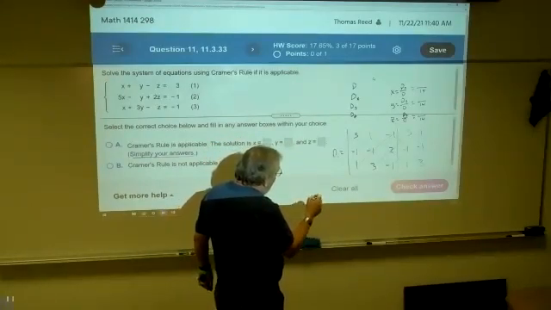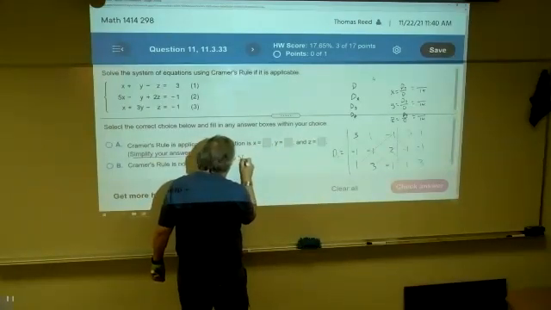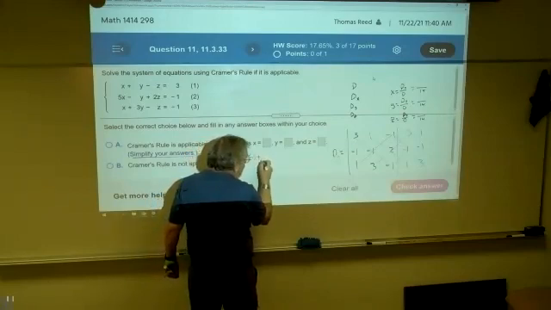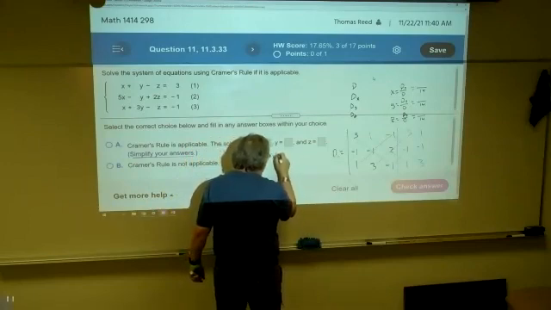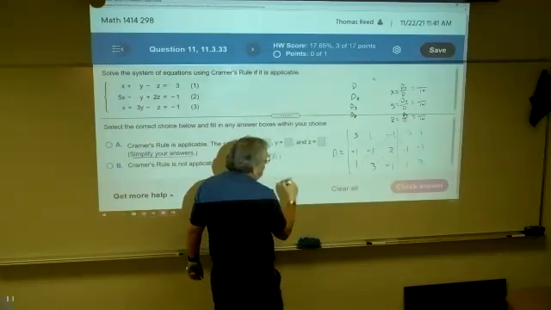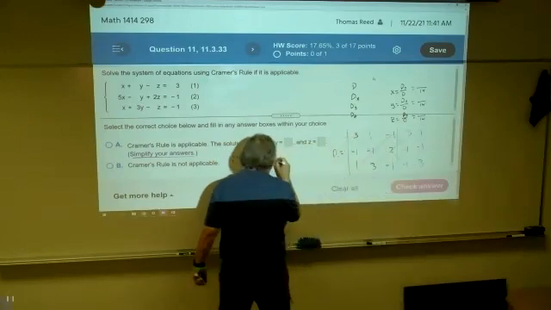So my first diagonal in the main direction is 3 times -1 times -1. Plus 1 times 2 times 1. Wait a minute, that's supposed to be a -1 here. So that's going to be a -1 here.